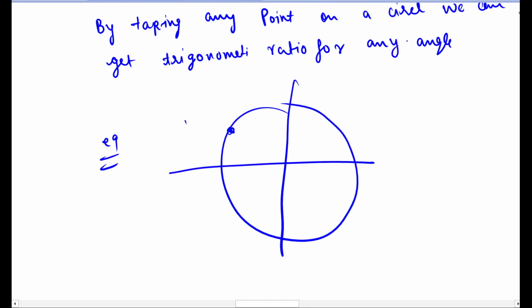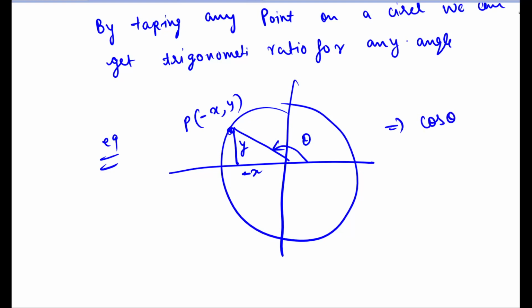If you take point P here in second quadrant, which is minus x and y, this is minus x, and this is theta, and this is y. So we get cos theta is equal to minus x and sine theta is equal to positive y.